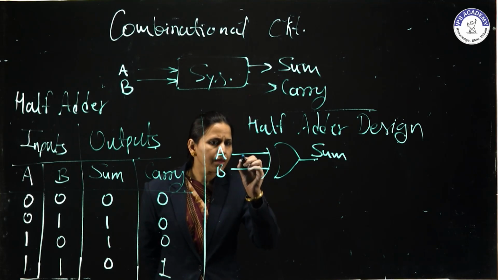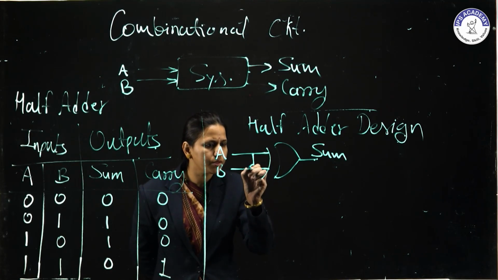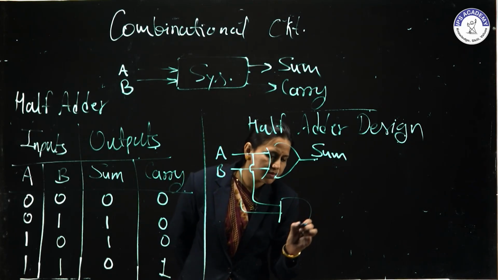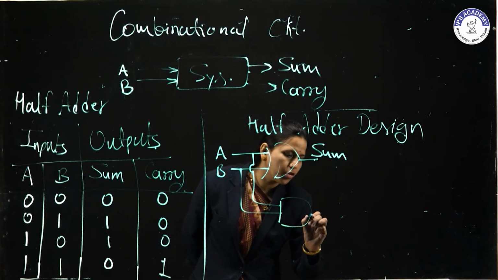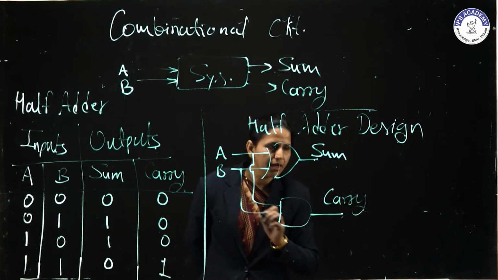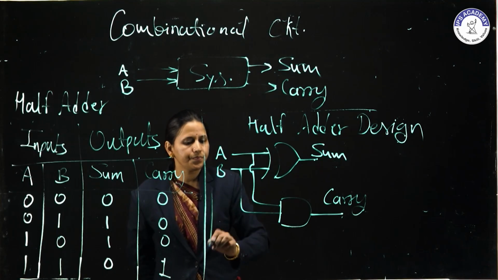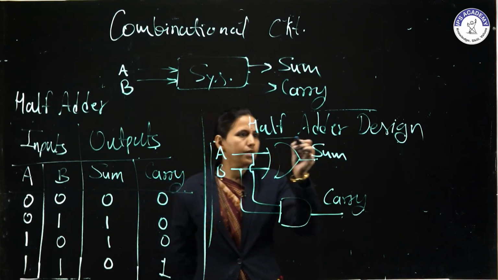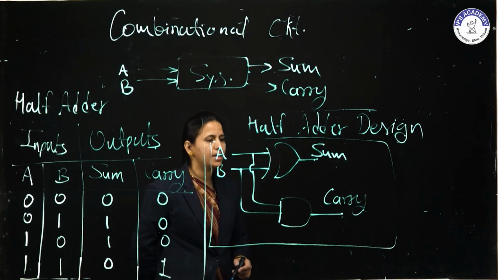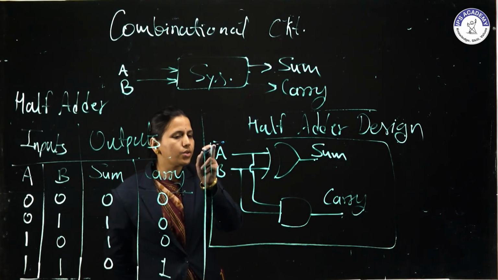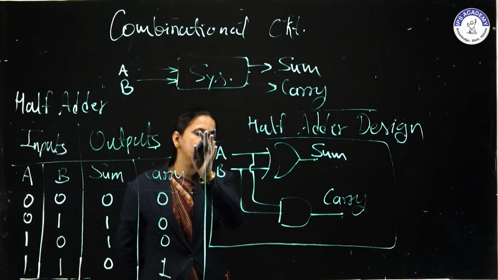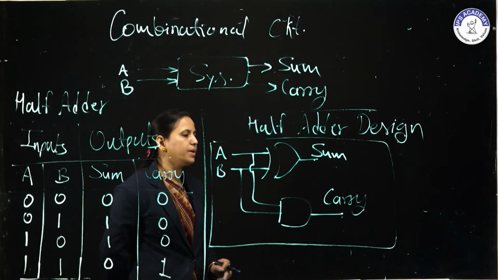For carry we need to use an AND gate, and the output of the AND gate is the carry of the half adder. This is the half adder design. By using this circuit, we can add two numbers A and B. If inputs are 2, then the number of combinations will be 4.